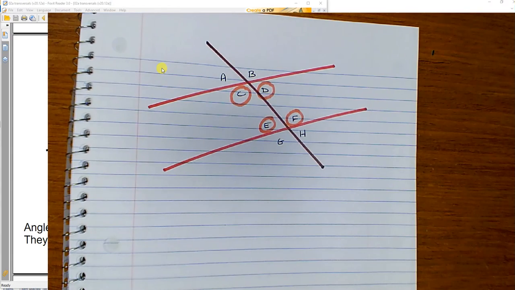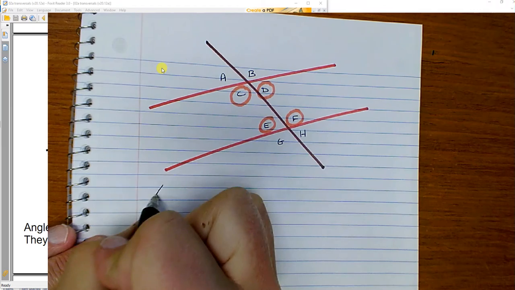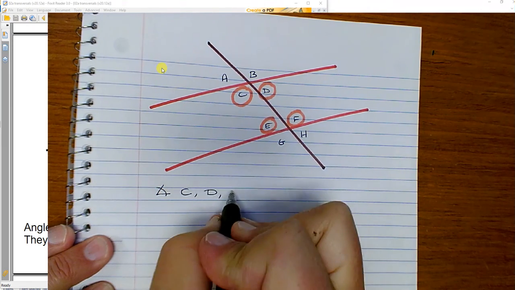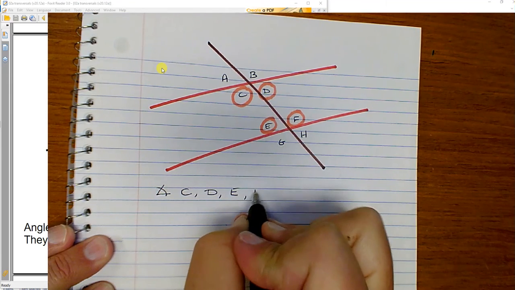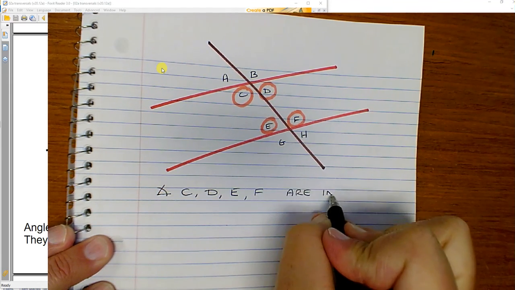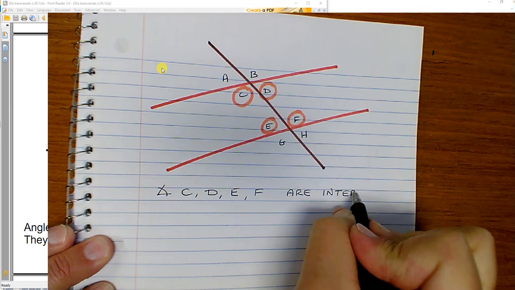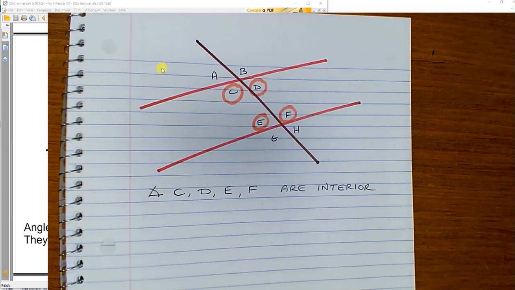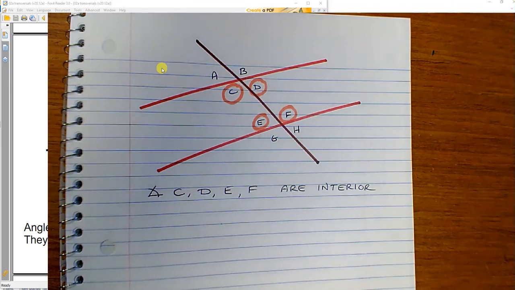Those are called interior angles. Angles C, D, E, F are interior because they are on the inside.